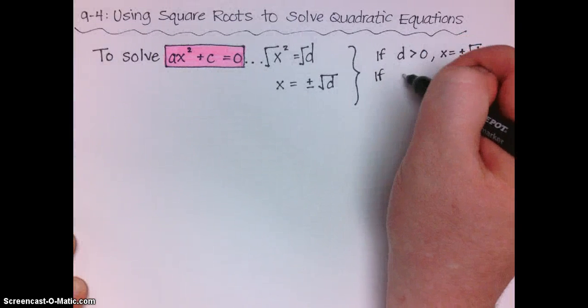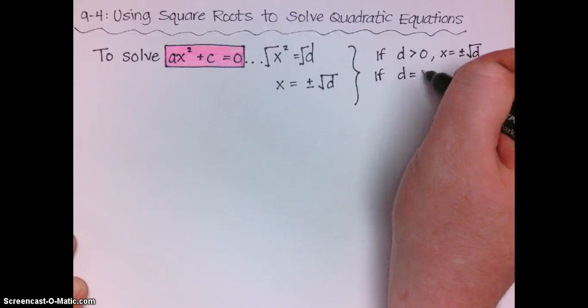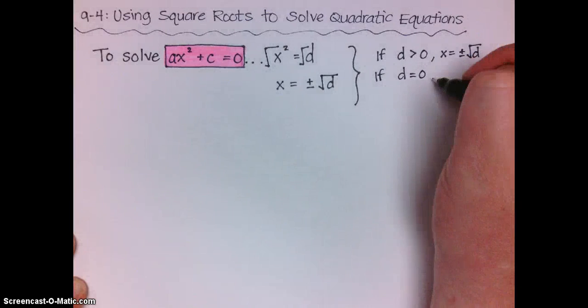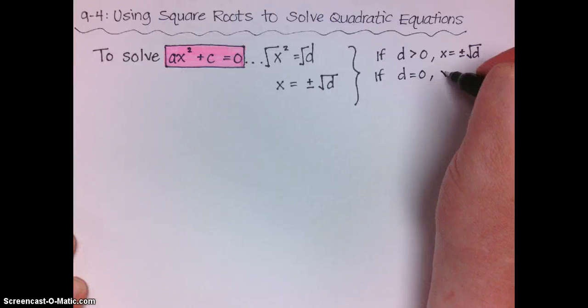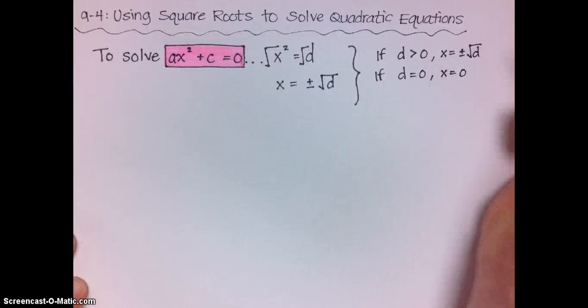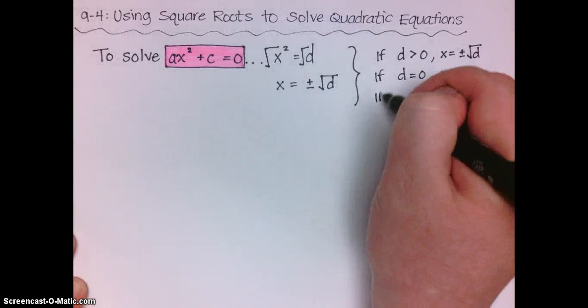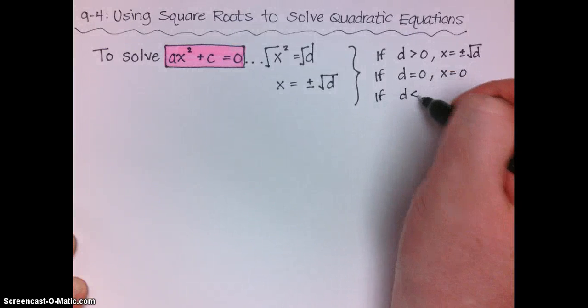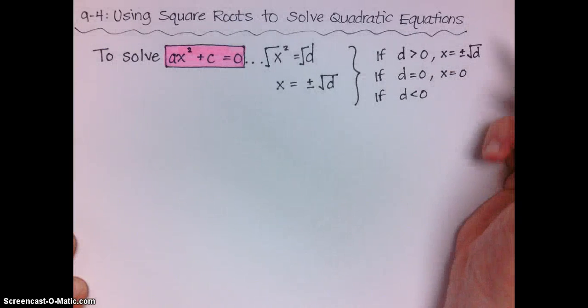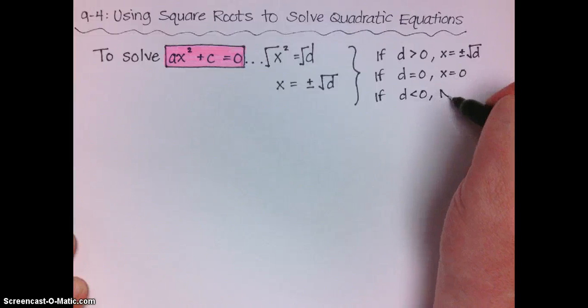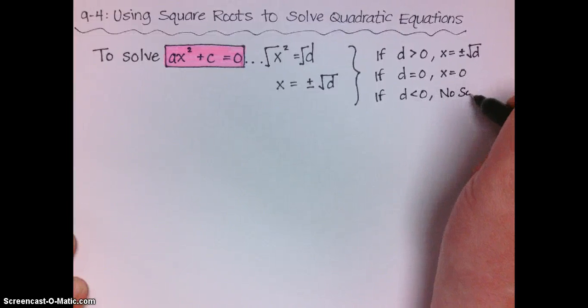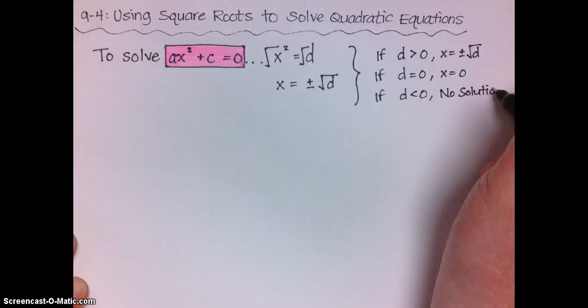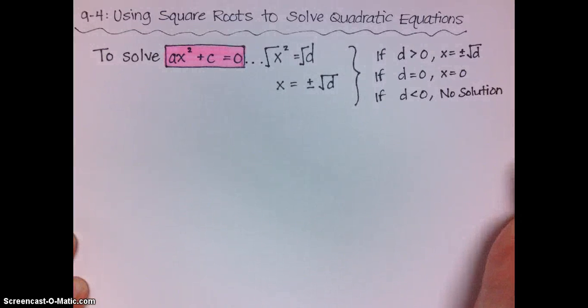If d is equal to 0, then there's only going to be one solution, x equals 0. And finally, if d is less than 0, which means it's a negative number, then there's going to be no solution at all.